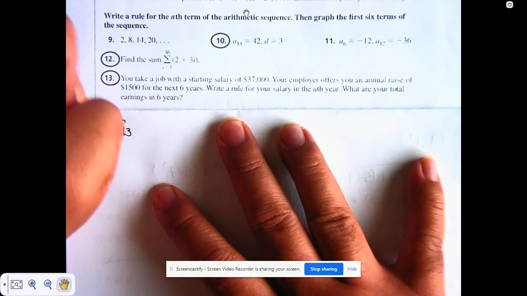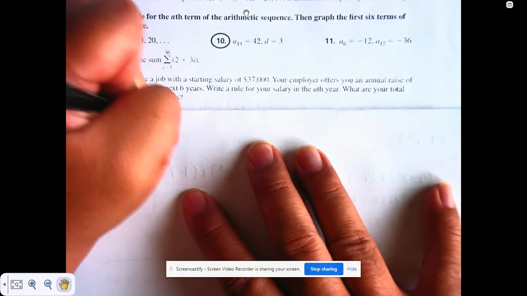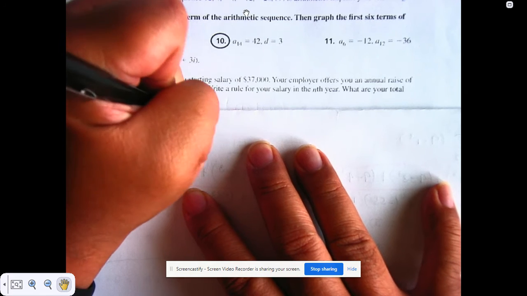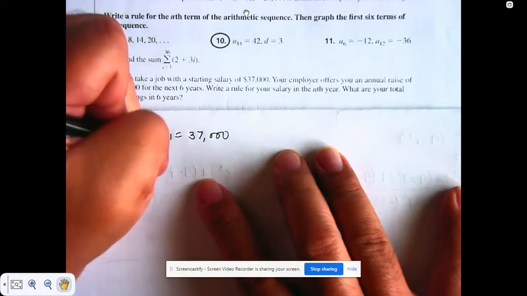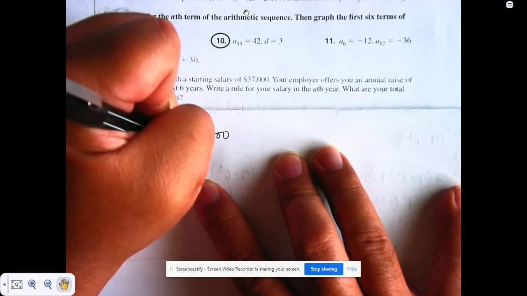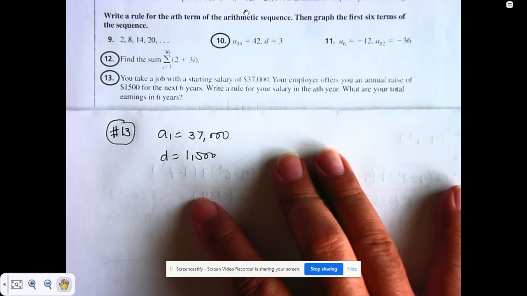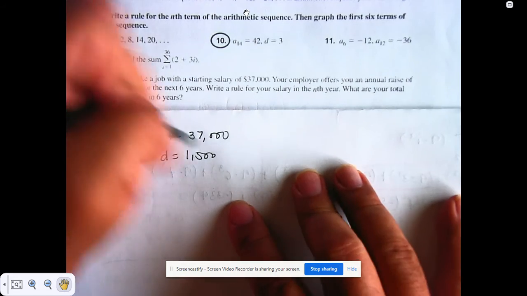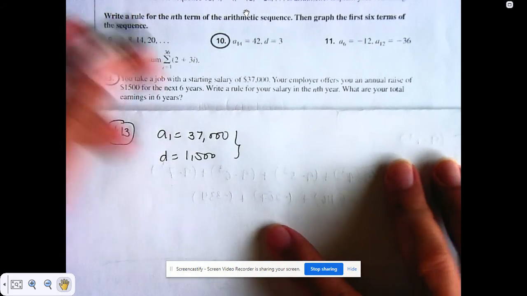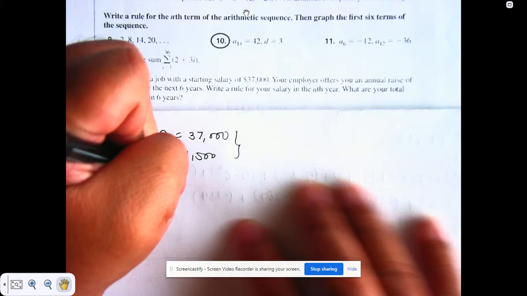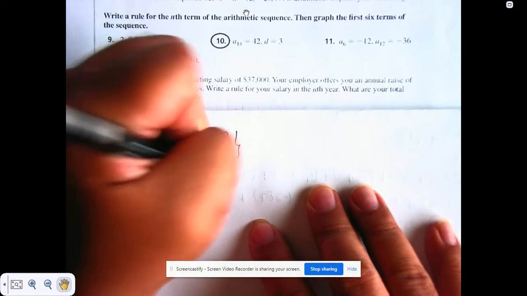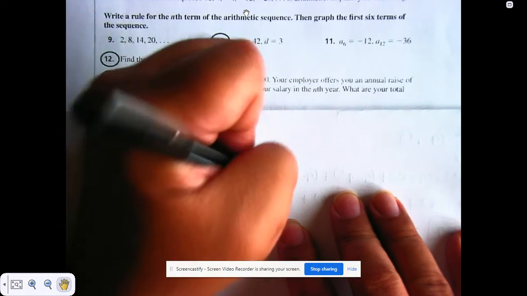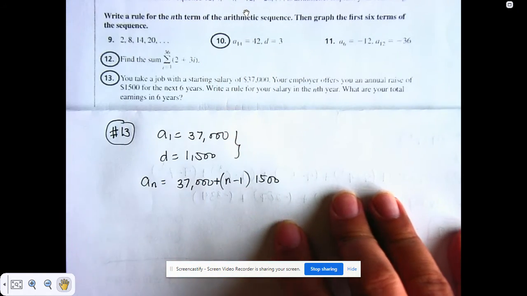Your first term is your starting salary, which is 37,000. And then you have a yearly raise of 1,500. So you can easily get a sub n here, right? So a sub n is equal to 37,000 plus n minus 1 times d, which is 1,500.